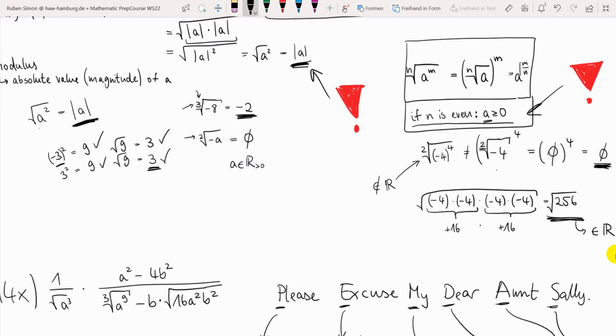This would be the exponent you have to use in order to rewrite a root term. So if you have an nth root of a to the power of m, you can rewrite it as a to the power of m divided by n. But this, of course, still applies: always pay attention that if n is an even number, a needs to be greater than or equal to 0.